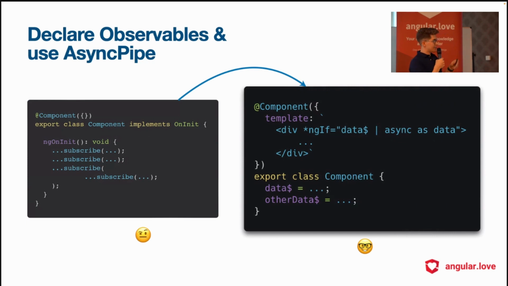So this is basically the approach. Instead of subscribing multiple times in our ngOnInit, we can simply define the observable properties in the component, simply like that. And then we can use these observable properties in the template. There's no need for subscribing to it. There's no need for storing the values, not even for storing them twice.